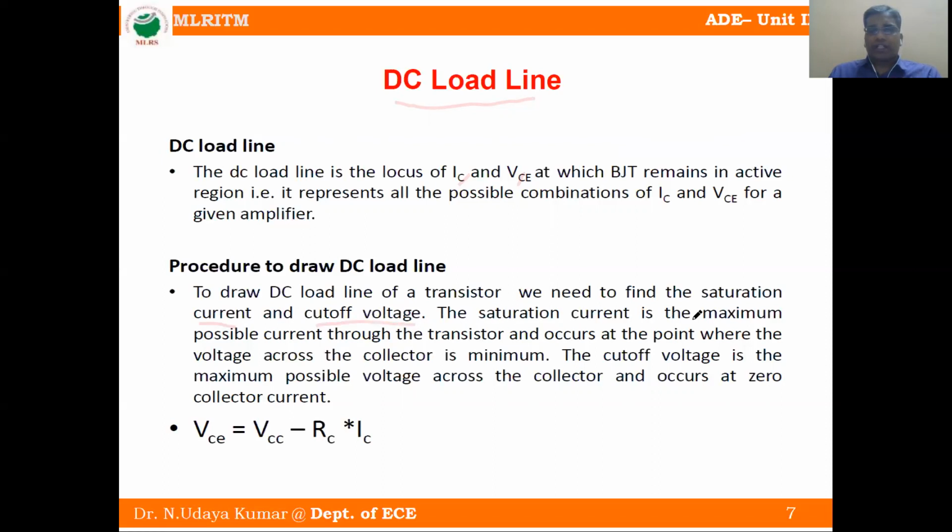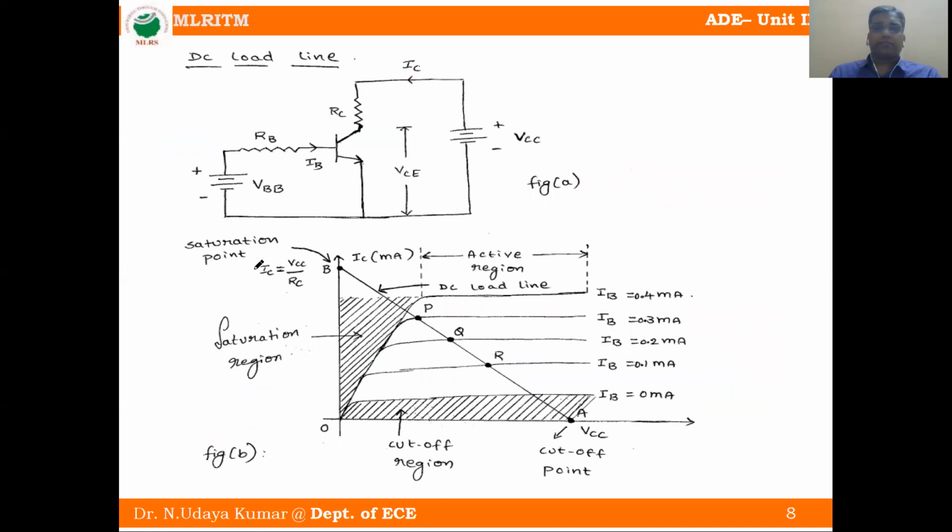The saturation current is the maximum possible current through the transistor and occurs at the point where the collector voltage is minimum. The cutoff voltage is the maximum possible voltage across the collector and occurs at zero collector current. You will understand clearly in this graph.